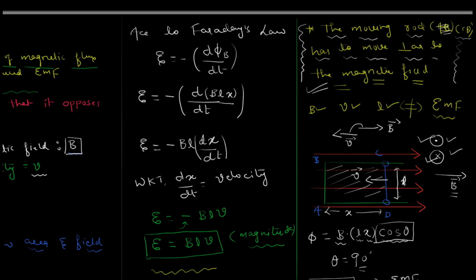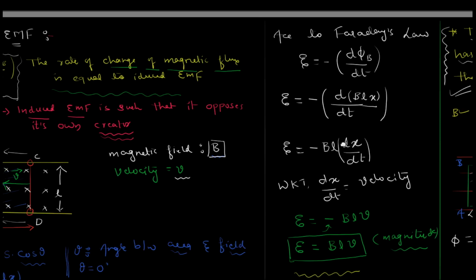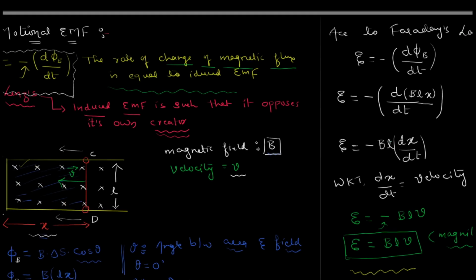The motion should be, if not exactly perpendicular, it happened to be perpendicular in this case, at least, this statement is not 100% correct actually, but at least it should have a non-zero component in the perpendicular direction. The rod's velocity should have a non-zero component perpendicular to the magnetic field. Only then can you have motional EMF. If not, motional EMF will be 0.